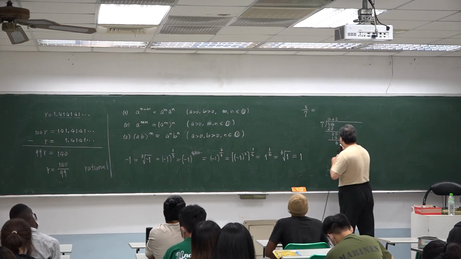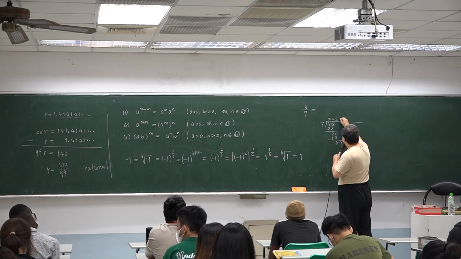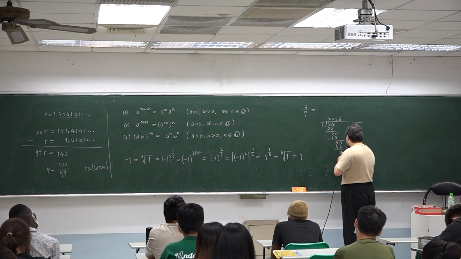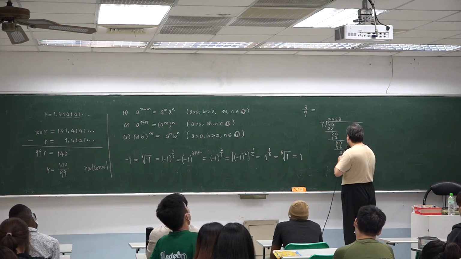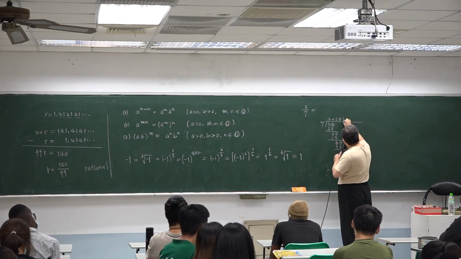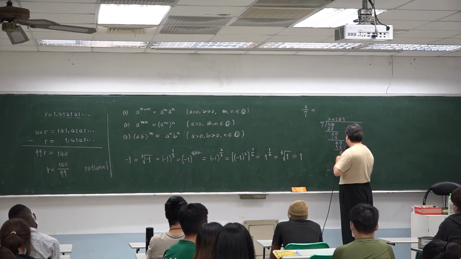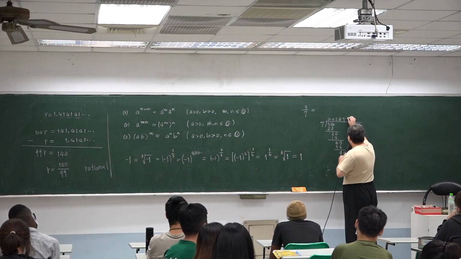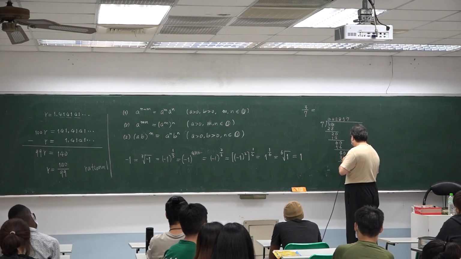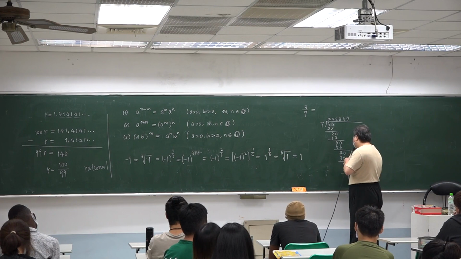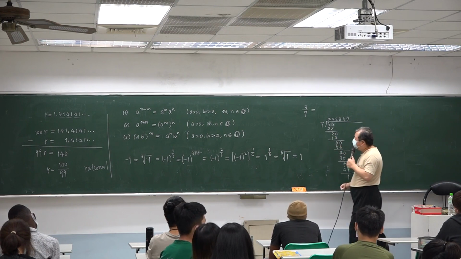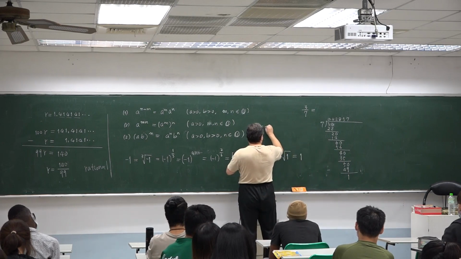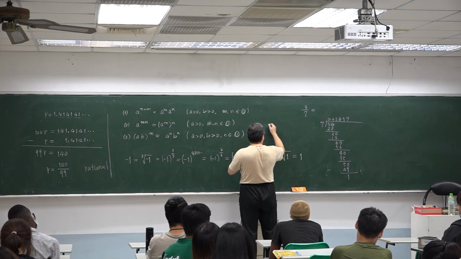Six, less than 7. 4, less than 7. Five, less than 7. One again, less than 7. The number is less than 7.